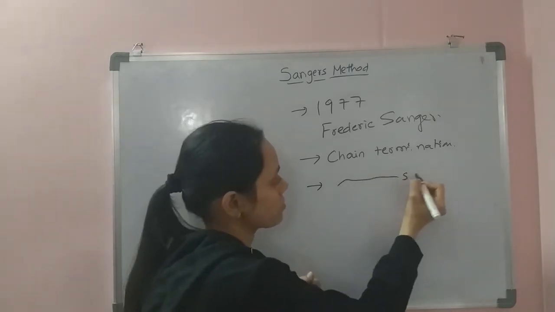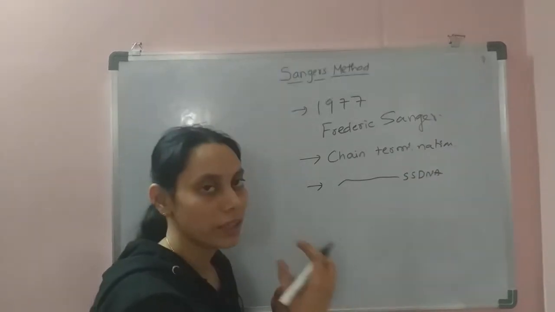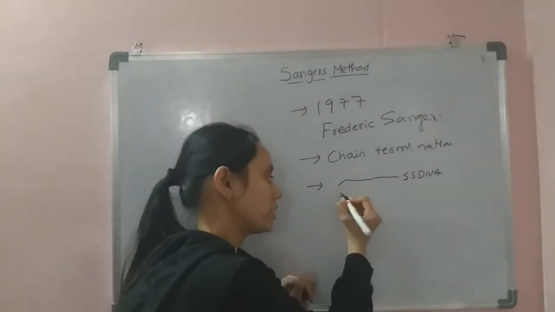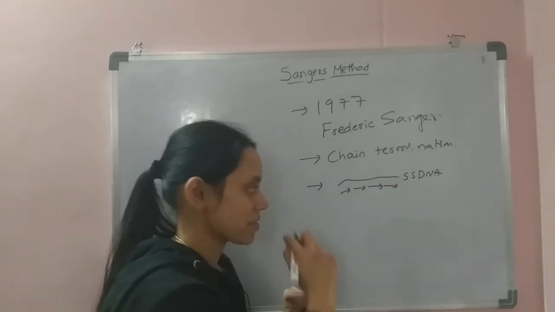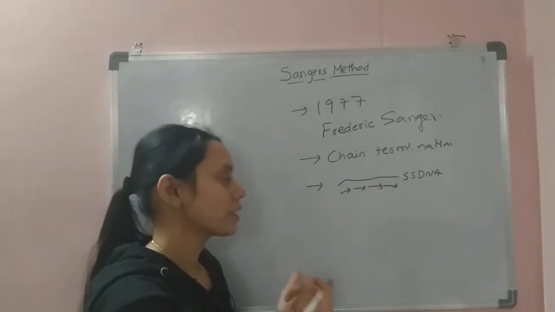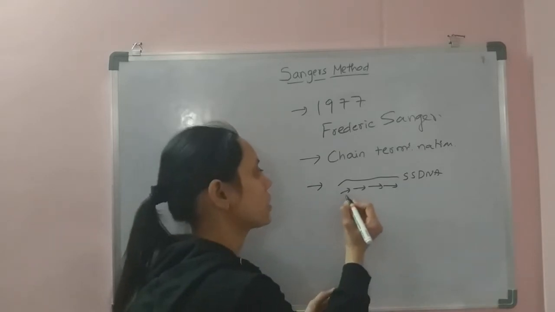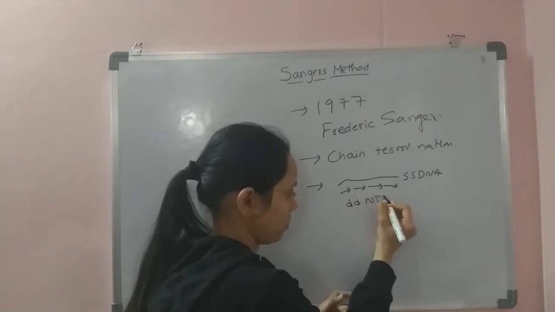In Sanger's method, we make single strands of DNA from the double strand. That means double-stranded DNA is denatured into single strands, and the single strand is allowed to make a complementary strand. During the synthesis of this complementary strand, we use these chain terminators, or ddNTPs.